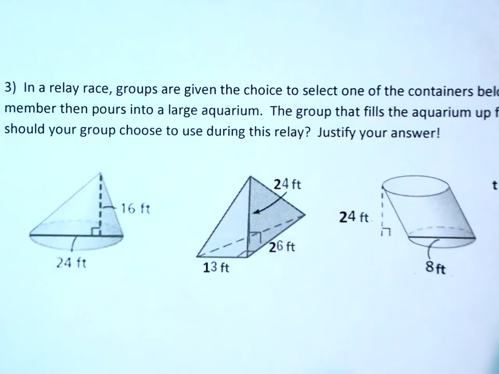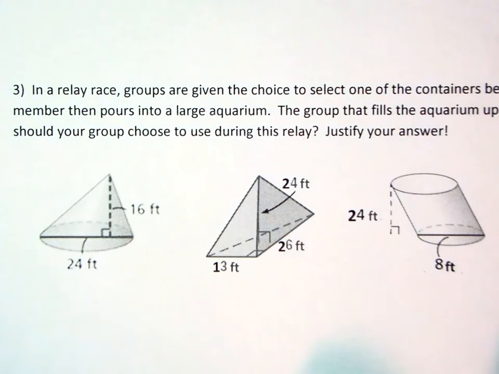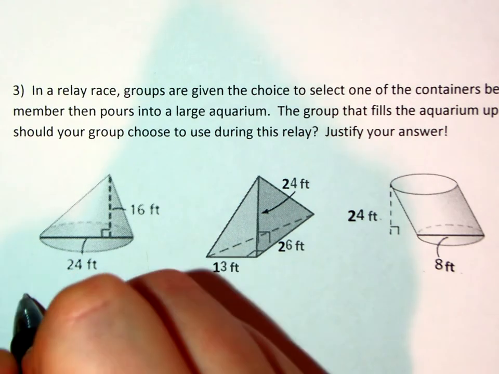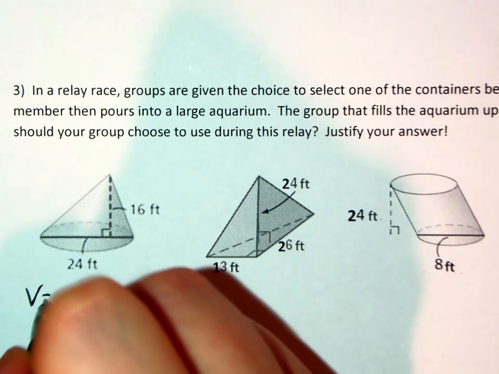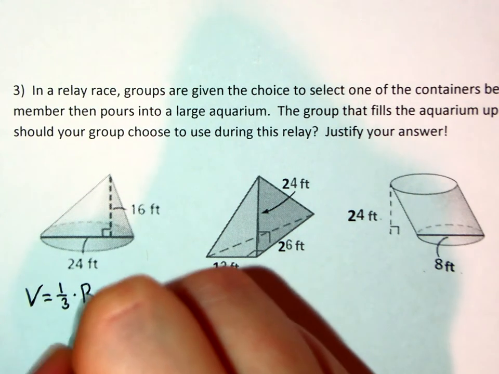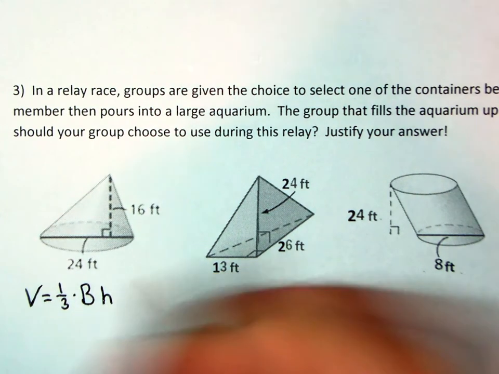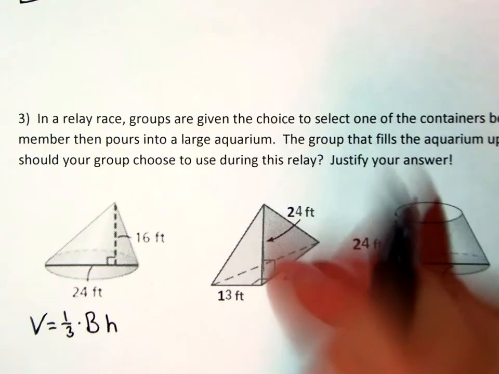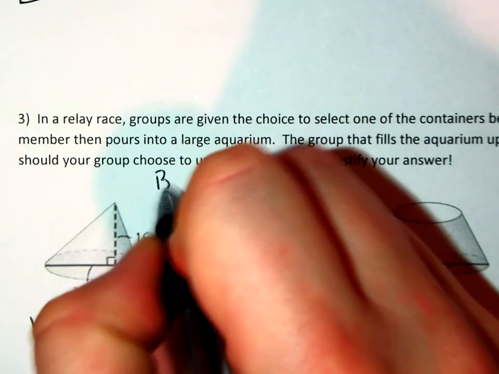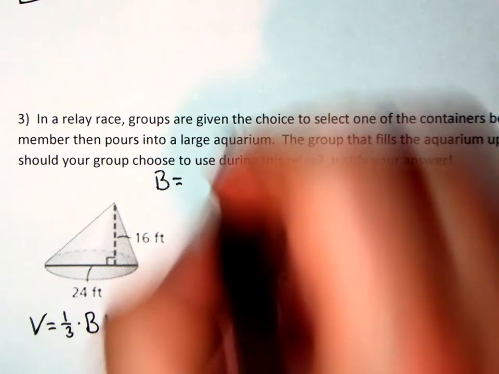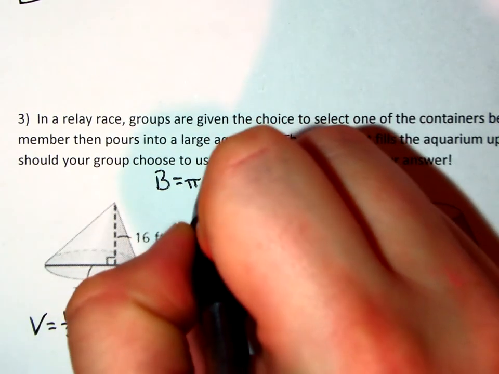I'm going to do the cone from problem 3. Again, the cone from volume problem 3, we'll use the formula V equals 1/3 base times height. And so the very first thing I'm going to do is identify the base. And the formula for finding the area of a circle is pi r squared.